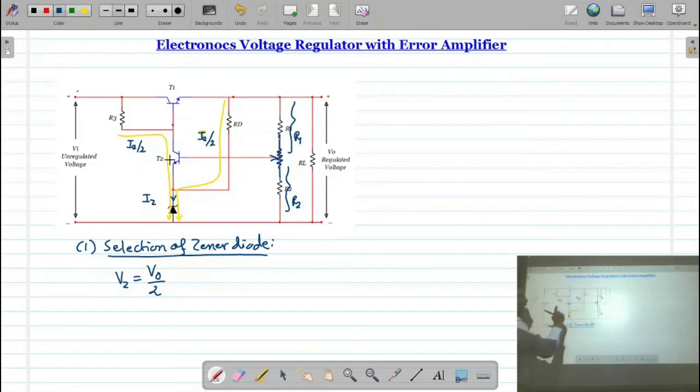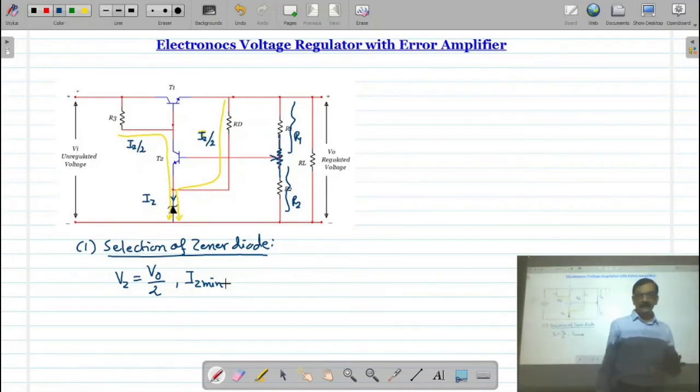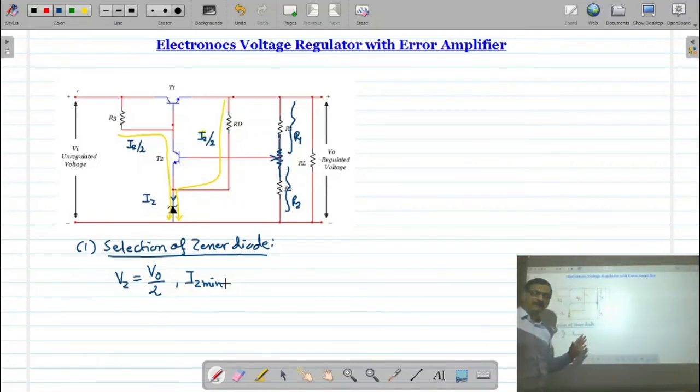So here if you want to calculate, now what is the Iz? Iz you have to consider a minimum. In a data book, the minimum value of the Zener current is already given. So you consider the minimum value of the Zener current. Then you should calculate the power dissipation, and that will be the product of Vz into Iz minimum.